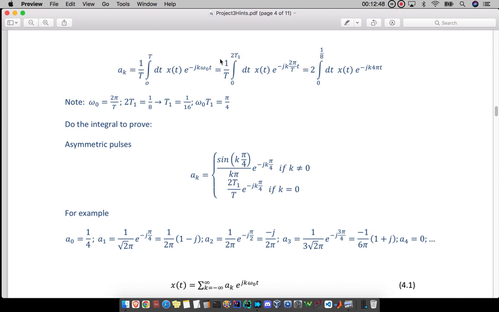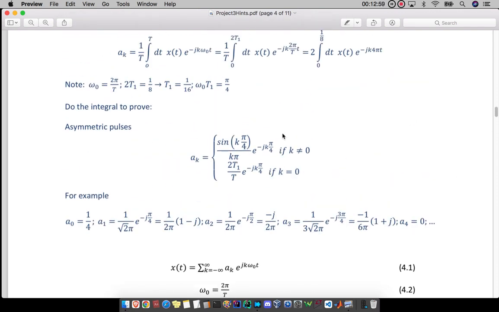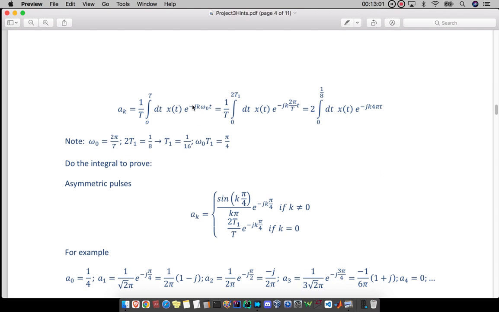But please do it in your own handwriting, like I said, using equations 4.2 and 4.3. For 4.2, we substitute 2 pi over capital T into omega naught. So yeah, I strongly recommend doing that.